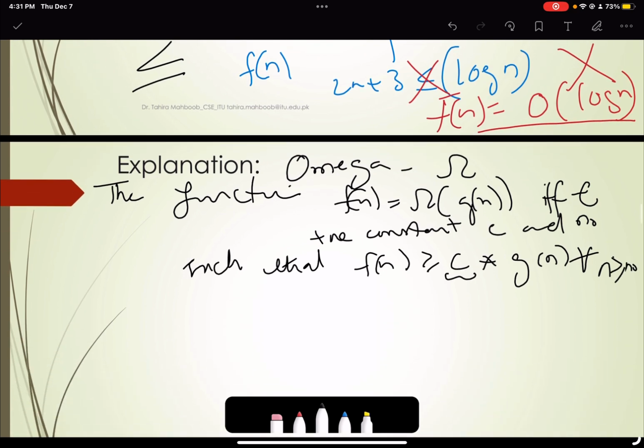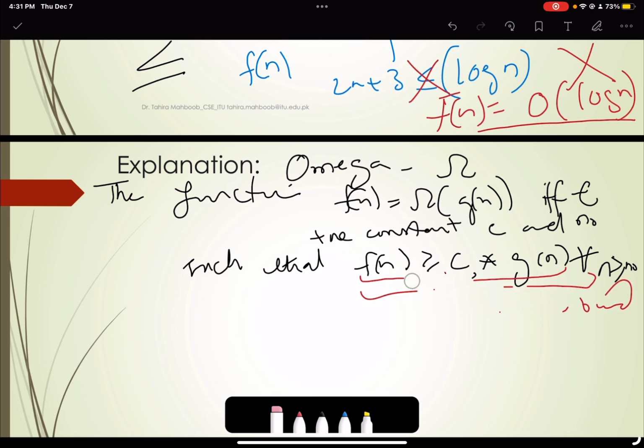First we determined the upper value, now we are considering the lower value. So this determines if it is lower than this. If some function is lower than this, we find the lower bound using omega.